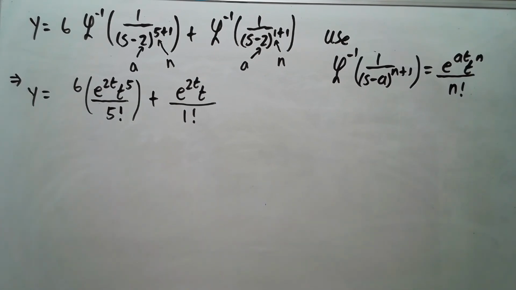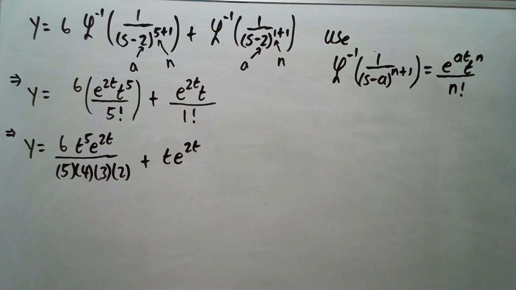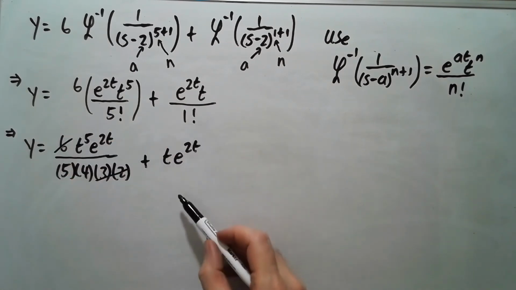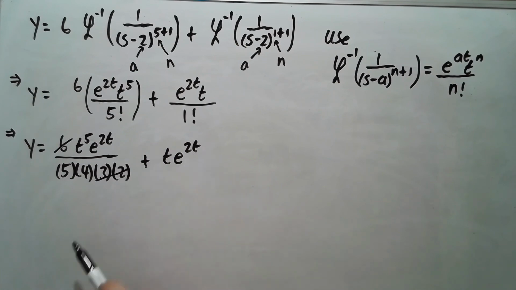So the 3 and the 2 cross off the 6 up here. I put the t first just to make it look nicer.